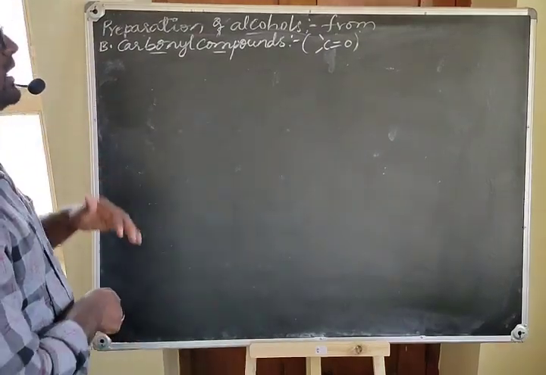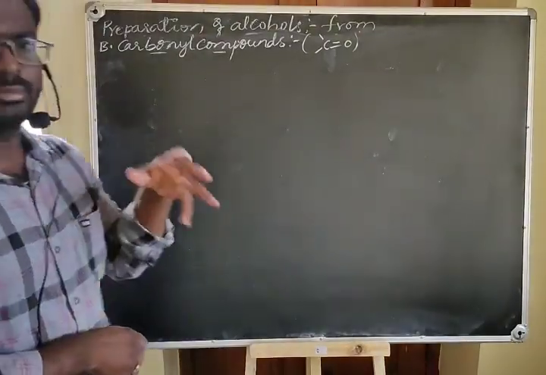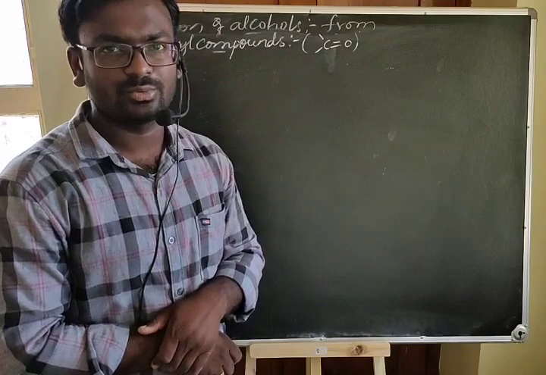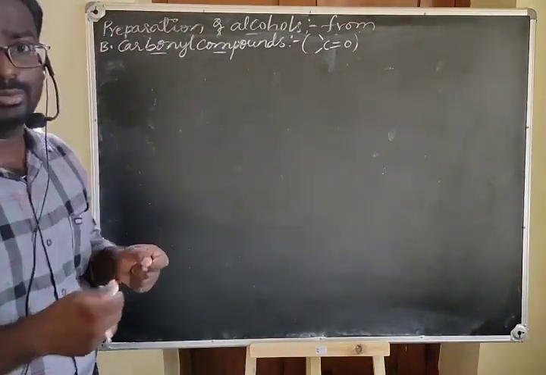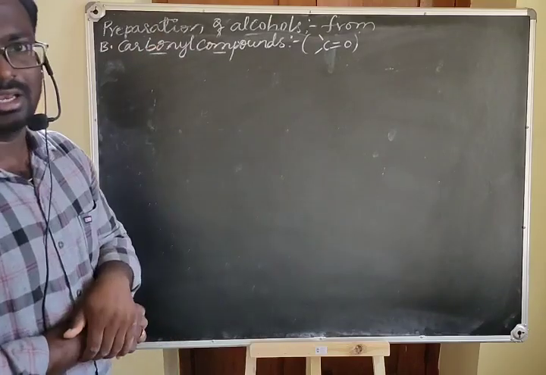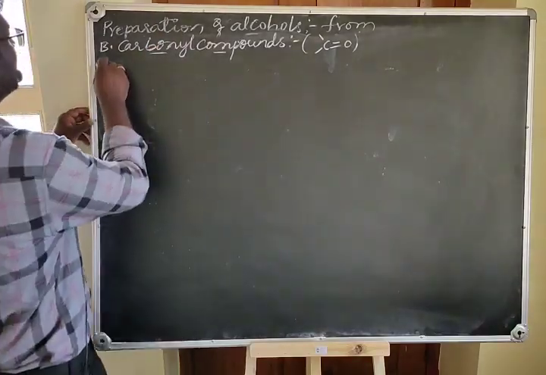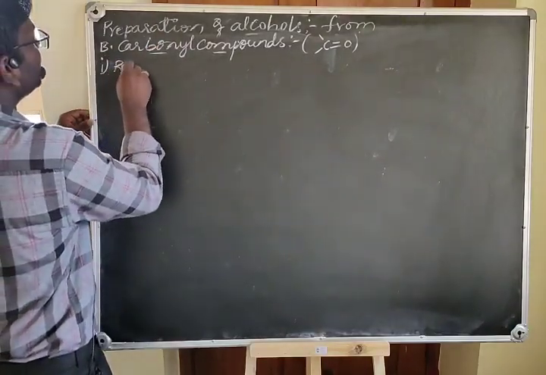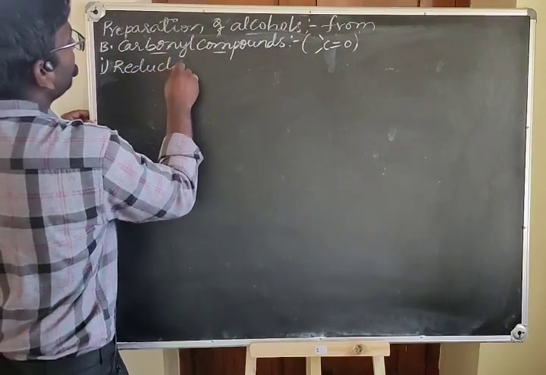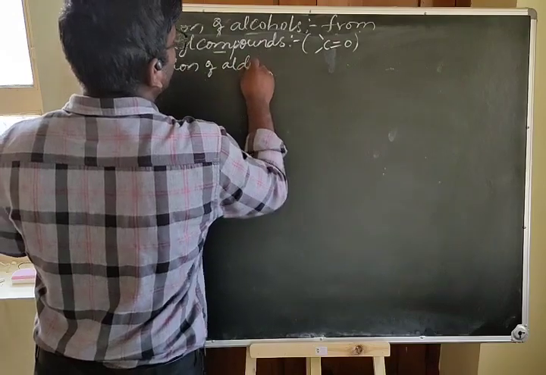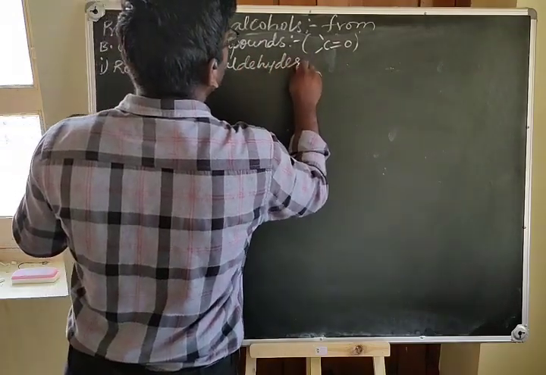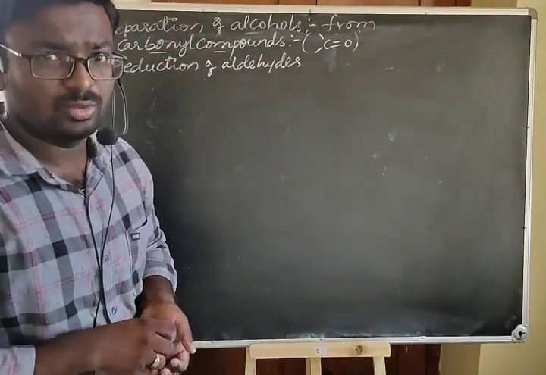Here it requires reducing agents, and the process is called a reduction process. Let us discuss the reduction of carbonyl compounds into alcohols. First we shall consider the reduction of aldehydes. Reduction of aldehydes will give you primary alcohols only.